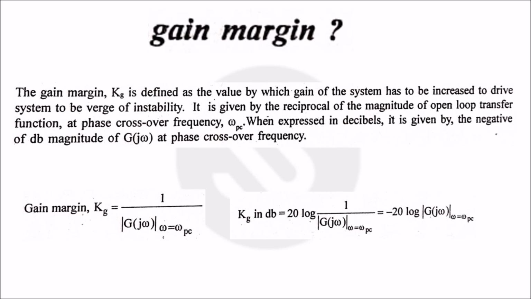How to find out the gain margin in dB? Just multiply 20 log this value. Okay, and one more point is that, to find gain margin, you always focus on phase crossover frequency, and this gain margin, phase crossover frequency, gain crossover frequency, this will come from the Bode plot.